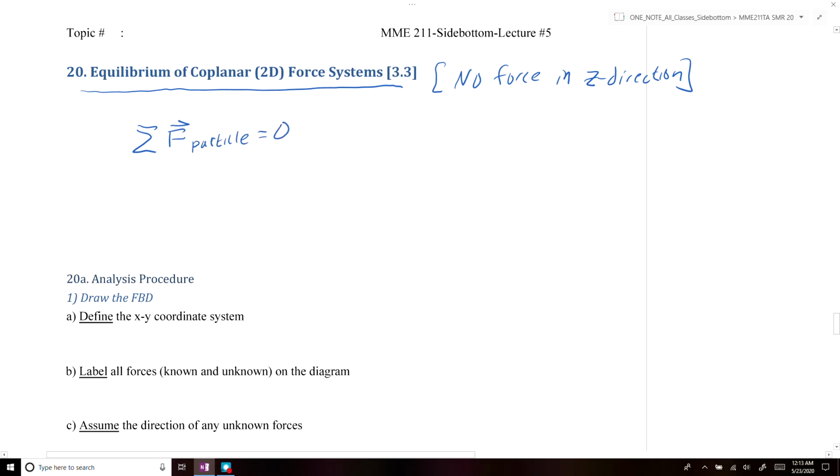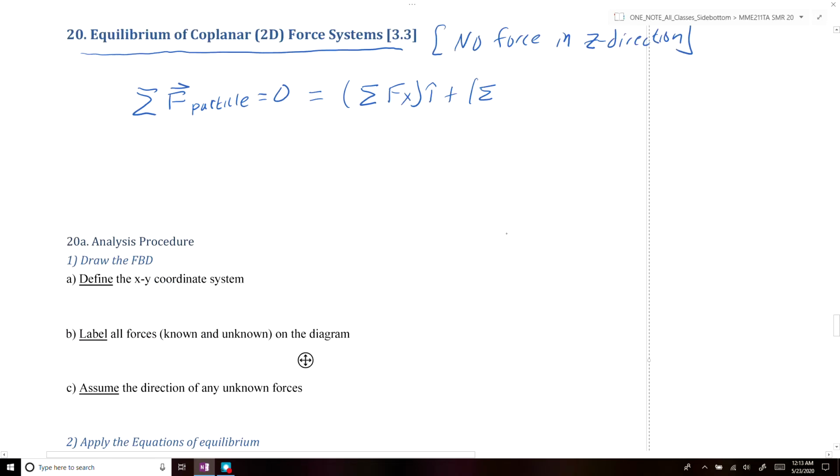If all of our forces are in the 2D plane, what we can say is that the sum of all of the x components of our forces times the unit vector i, plus the sum of all the y components of our forces times vector j, must also be equal to 0. So we know that sigma Fx must be equal to 0 and sigma Fy must be equal to 0 for a particle to be in equilibrium.